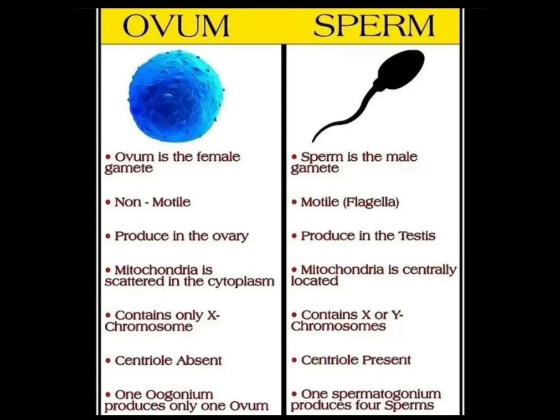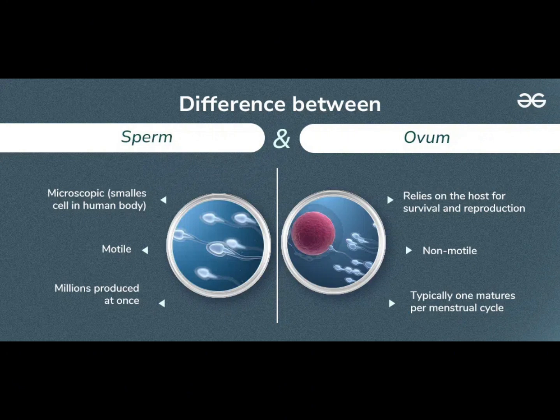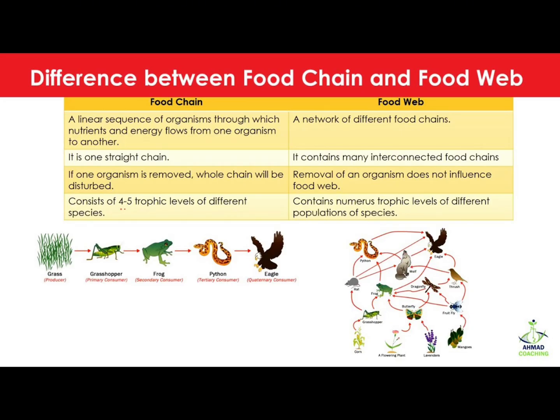Centrioles are absent in the egg cell, whilst they are present in the sperm cell. Only one ovum is going to mature at a time, but sperms are going to be released in billions per ejaculation.